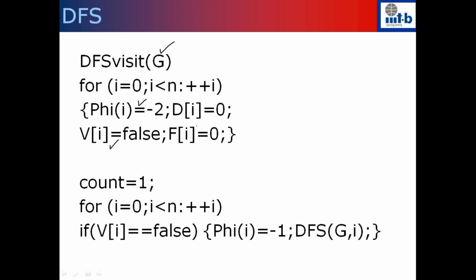When do you compute these? We'll come to know during the course of the algorithm. But initially we will set both of them to 0. Then there is a count variable which I'm going to initialize to 1. We will assume that d, f and count are global variables, so they are accessible from anywhere and you can change them wherever you want.